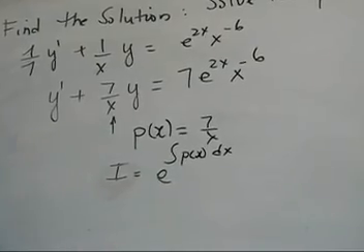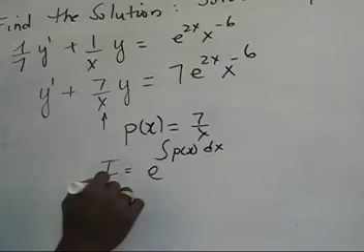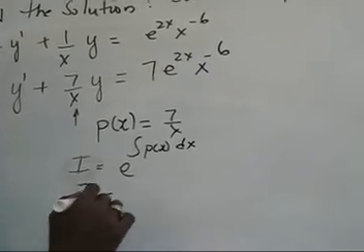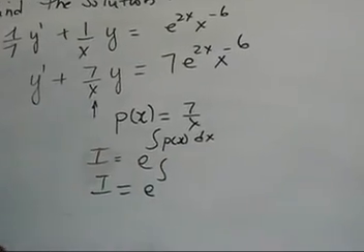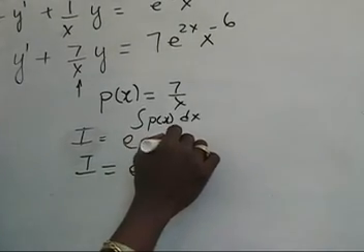You integrate it, right? That's our integrating factor, call it I. So what we have is e to the integral of 7 over x dx, right?